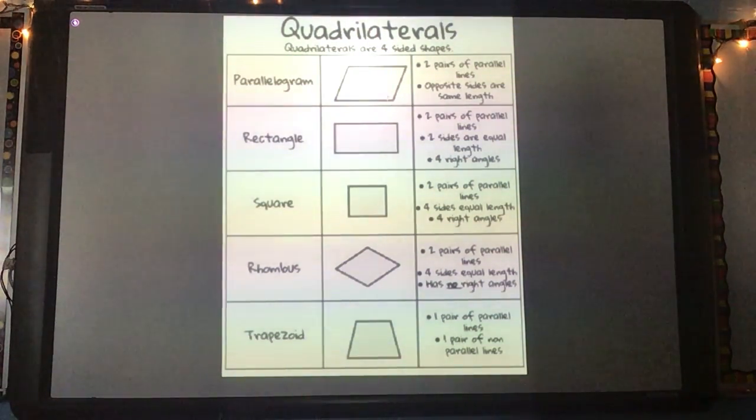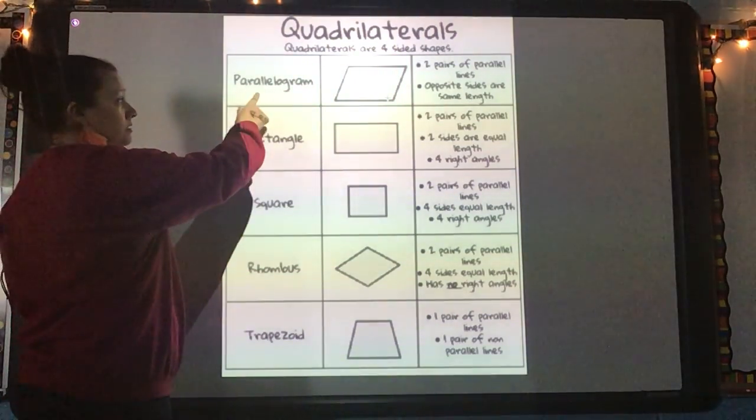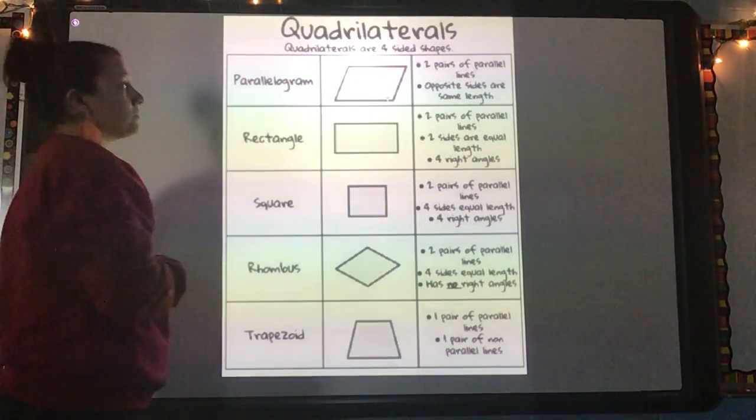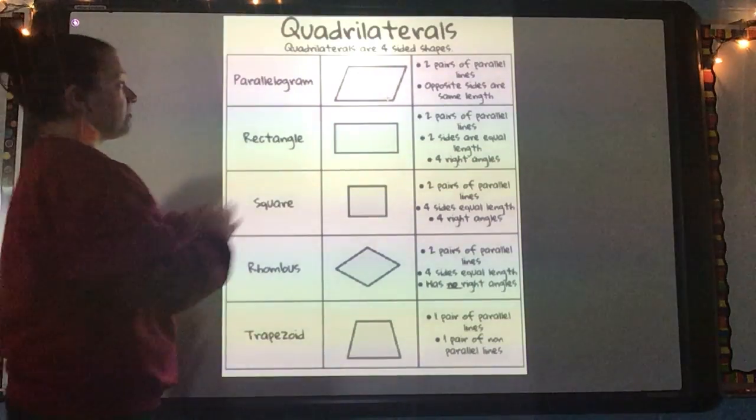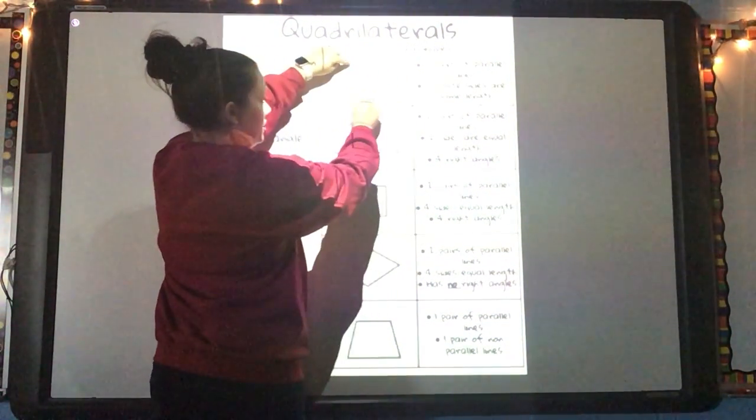Mason? Parallel because they each have a pair of two. So you're talking about parallelogram? A parallelogram always has the word parallel in it, and they always have a pair. Good. So these two are parallel, and then these two are parallel.